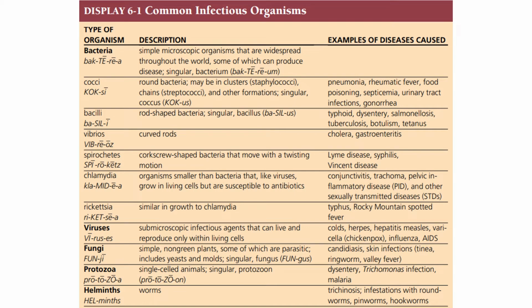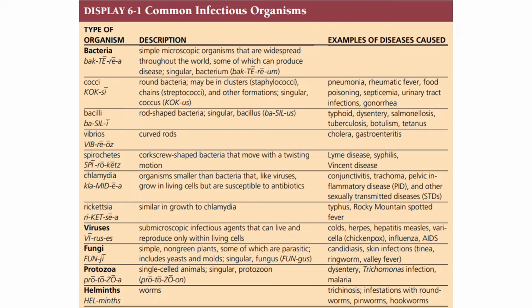In the table shown, these are the common infectious organisms. So we have the bacteria. The singular is bacterium. They are simple microscopic organisms that can be found throughout the world, even on our own skin, and some of them produce disease.